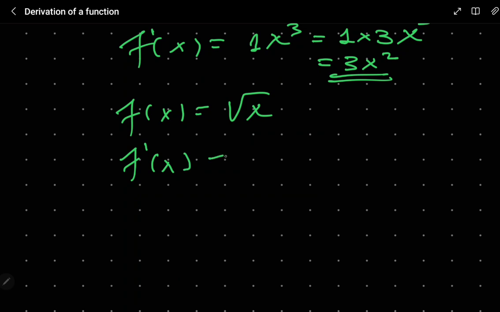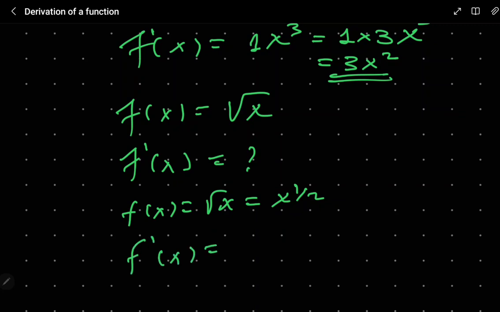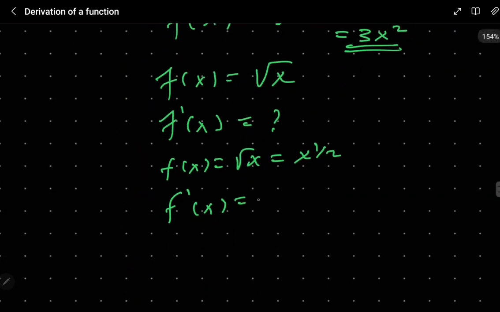The other, if f of x is equal to root x, then what is f derivative of x? Alright, so to write this one in the above form, f of x is equal to root x, which is the same as x to the power of 1 over 2. So f derivative of x is gonna be how much? You can write this one as 1 times x to the power of 1 over 2.